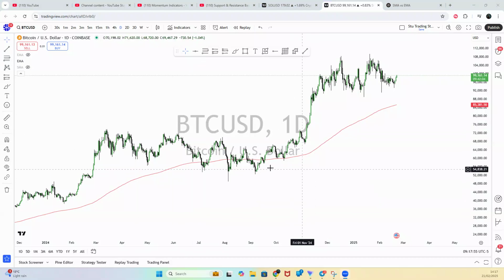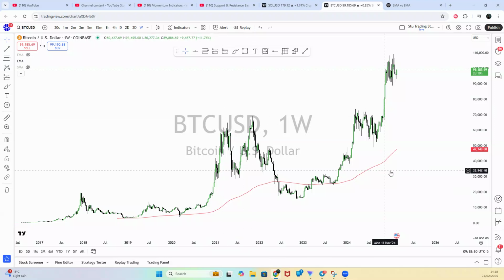Now, it's also important to realize that the moving average is dependent on the time frame that you're looking at. So this 200 period moving average on a daily chart is looking at the last 200 days. If I was to look at a weekly chart, then the 200 period moving average is looking at the last 200 weeks.